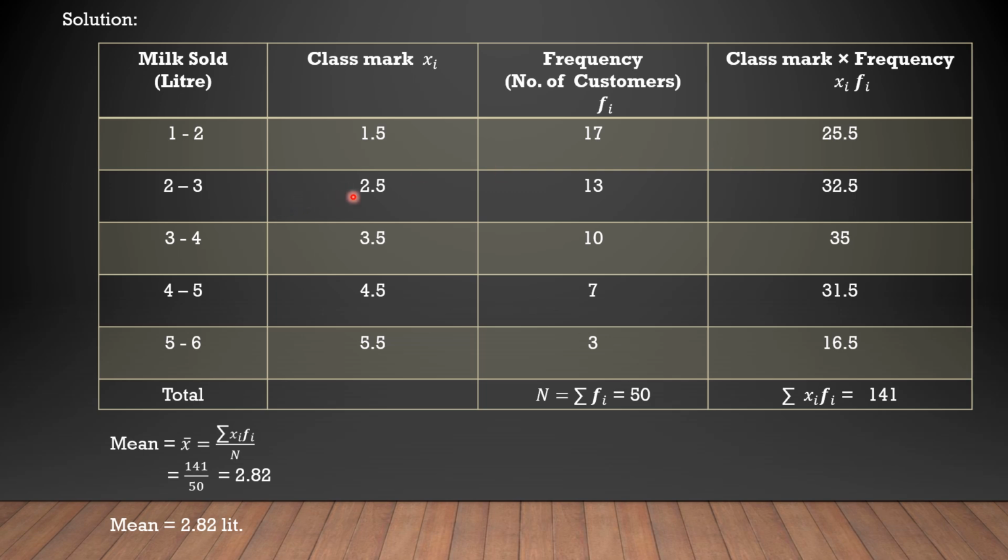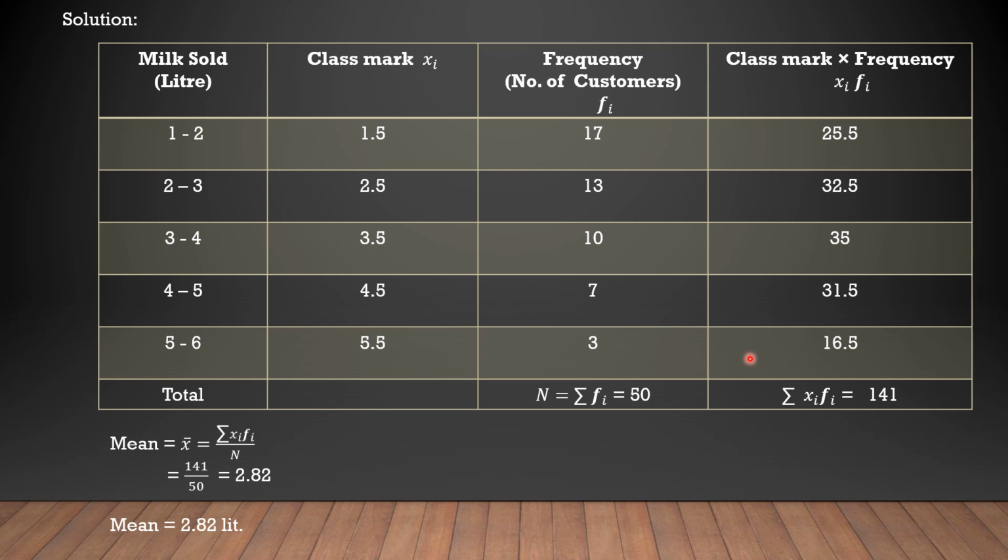Then 2.5 into 13, which is equal to 32.5. 3.5 into 10 is 35. 4.5 into 7, which is equal to 31.5, and 5.5 into 3 is equal to 16.5.